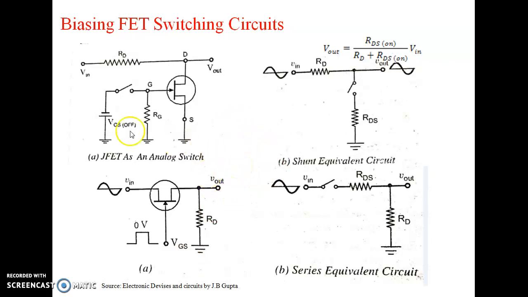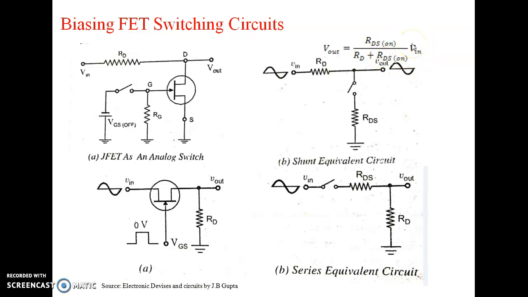The figure shows JFET as an analog switch. When no gate voltage is applied to the FET, VGS equals 0, and the FET becomes saturated and behaves like a small resistance, usually less than 100 ohms. Therefore, your output voltage Vout equals RDS(on) divided by (RD plus RDS(on)) into your input voltage.